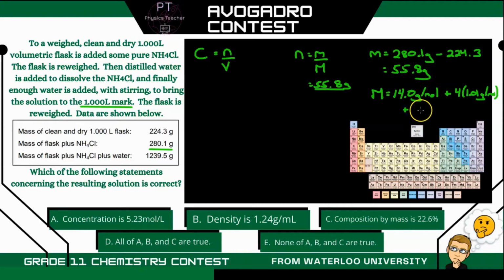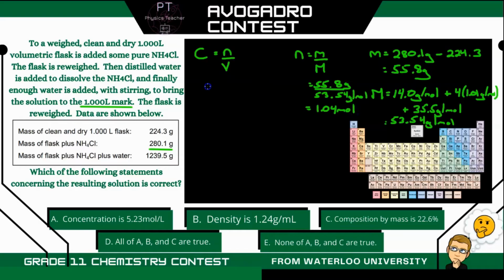Plus, we have 1 chlorine, which is 35.5 grams per mole, which gives us a total molar mass of 53.54 grams per mole. So now we can substitute that into here to figure out the number of moles of our solute. Gives us 1.04 moles.